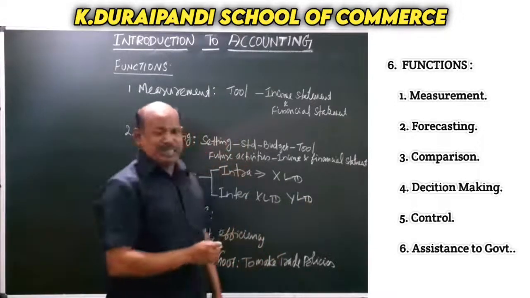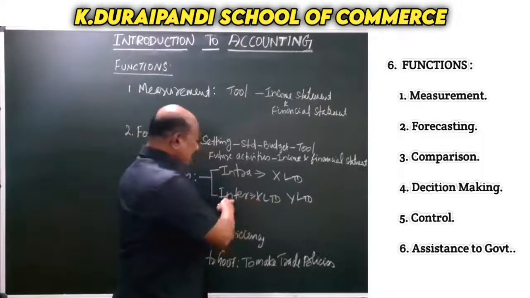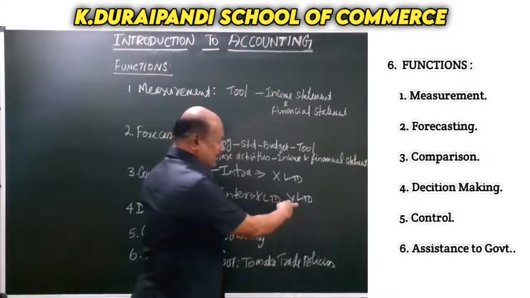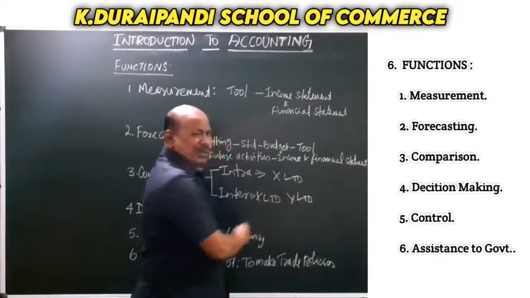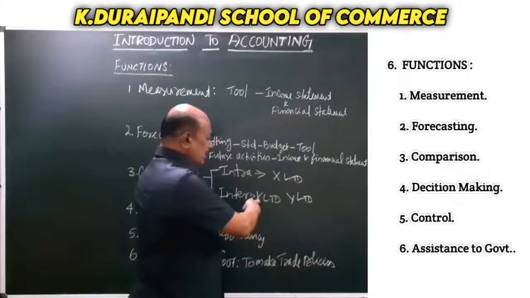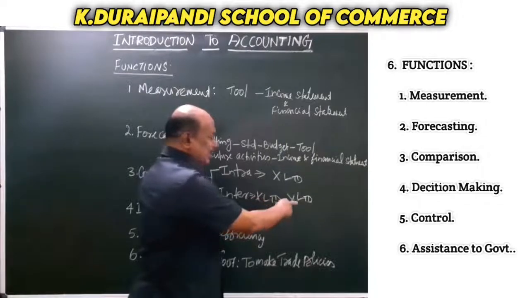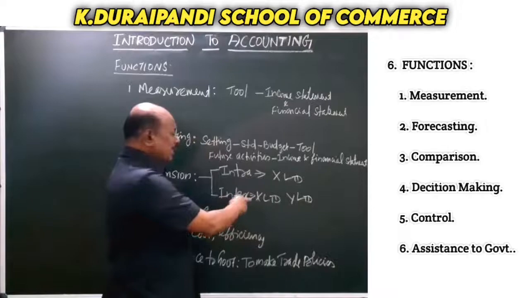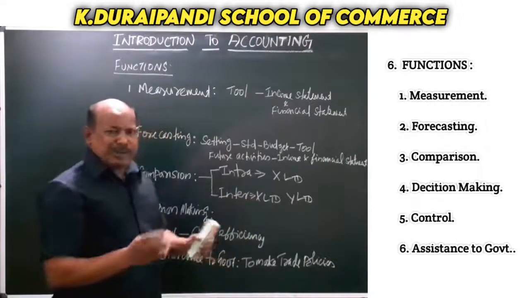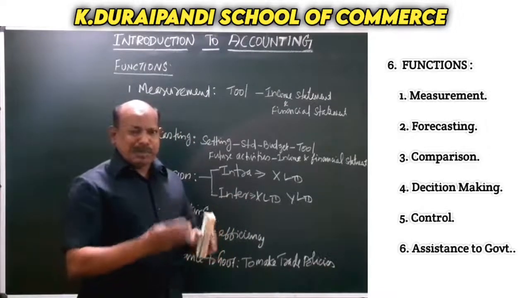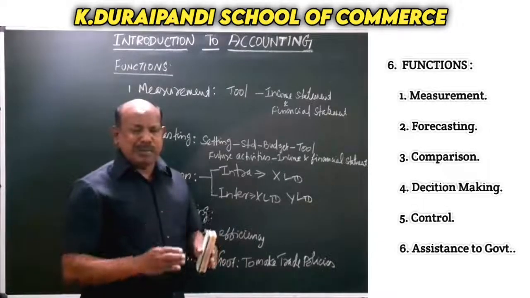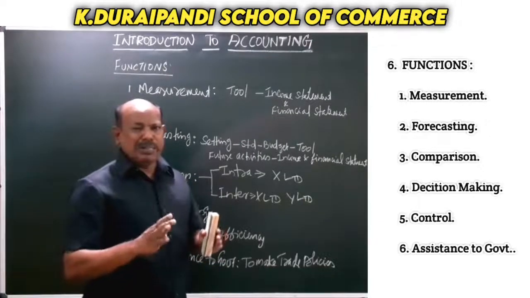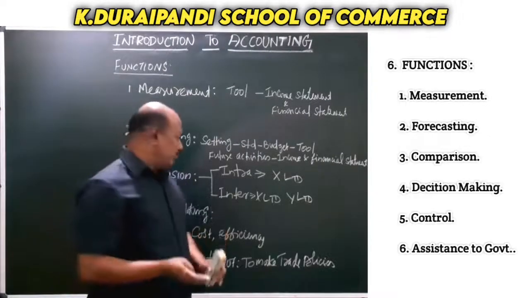The income of X Limited is compared with the income of Y Limited. The sales of X Limited are compared with the sales of Y Limited. That is called inter-comparison. So comparison is possible when we have proper accounting. That is another function of the accounting system or accounting record.